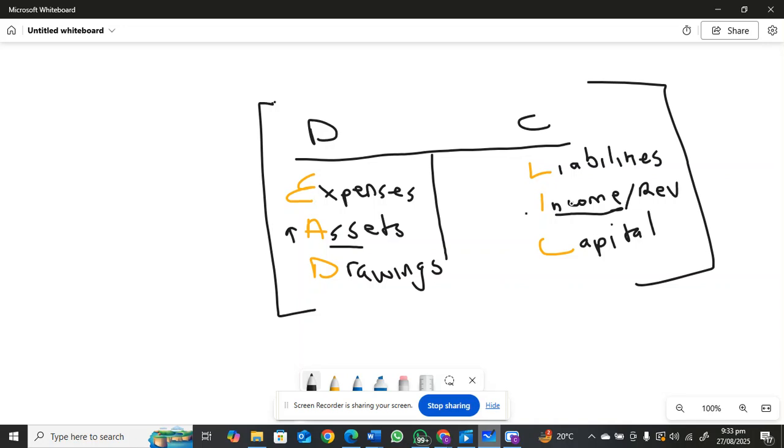When you remove cash, it means you're also reducing capital, right, colleagues? So you debit drawings. Then cash, since it's coming out from the business to yourself, is a reduction in cash, so you credit cash. So you debit drawings and you credit cash.